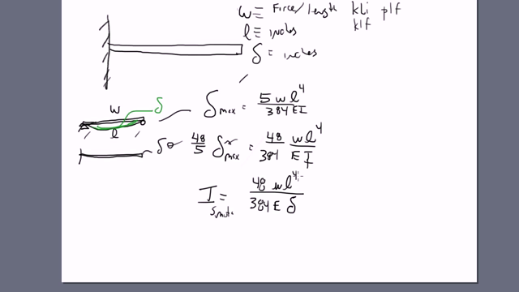Now if you notice here, oftentimes you might see a third power because you very often have the deflection given as a ratio of the span, but in this case maybe you know absolute numbers, and so let's go ahead and do that.